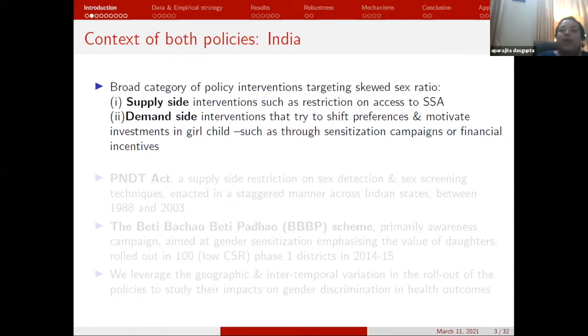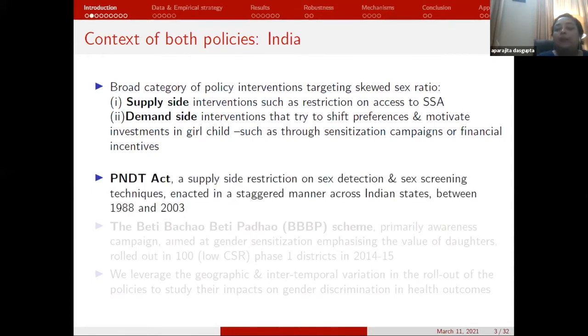Now, in this paper, we first study the PNDT Act, which was a supply side restriction on sex detection and sex screening technique. This was enacted in a staggered manner across Indian states between 1988 and 2003.